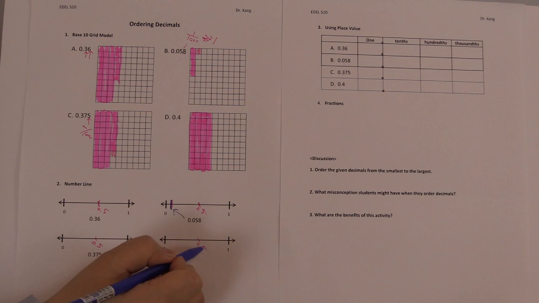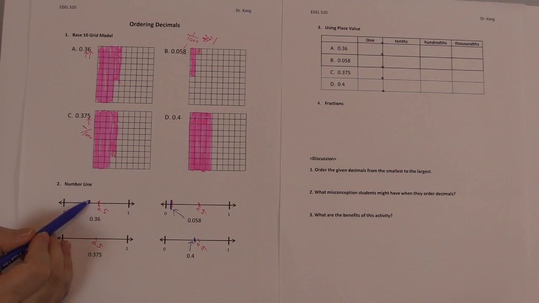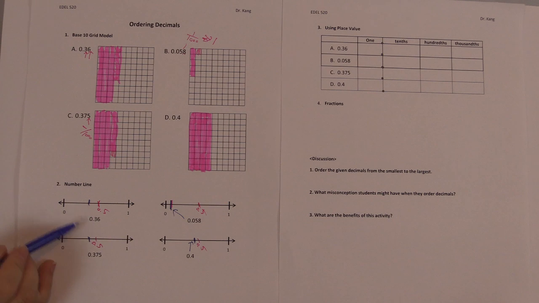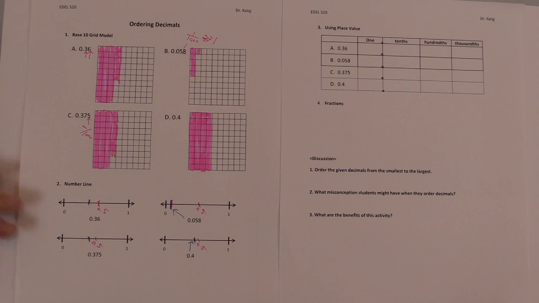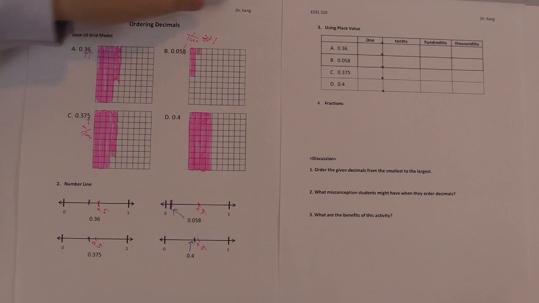And this one is going to be close to 5 tenths, somewhere around here. So these two are easier to compare. But this one is trickier because it's very difficult to represent similar numbers, somewhere around here, somewhere around here. It's not easy to see, but the other numbers they can easily see. That's why we need multiple ways to show them, so you can show them different ways of doing it.